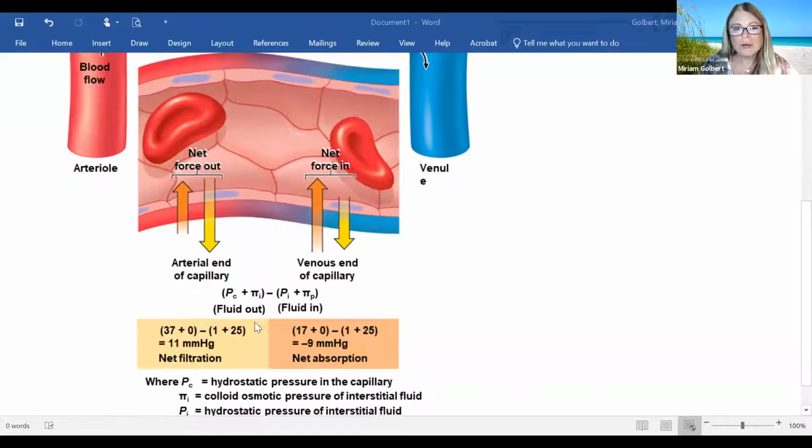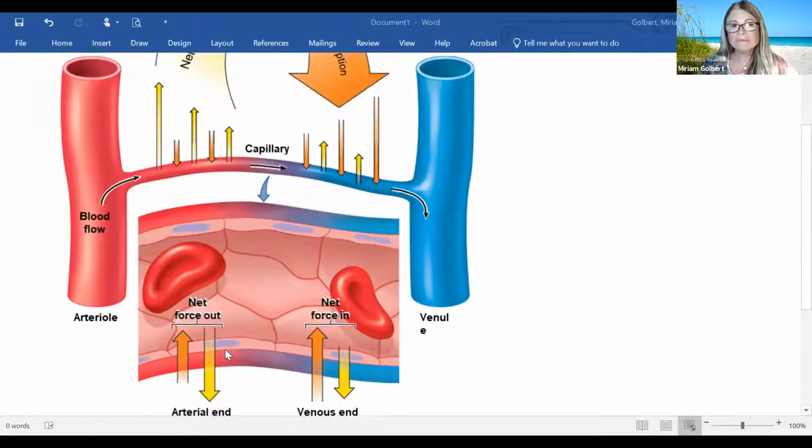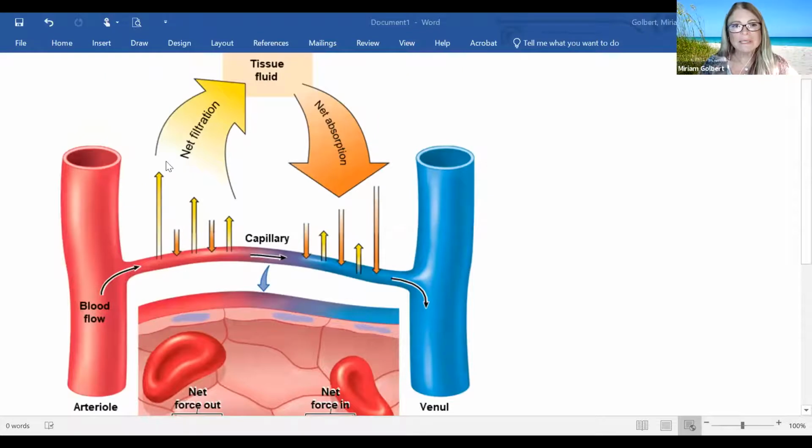So when we do our calculation here, 37 plus 0 minus 1 plus 25, we end up with an 11 millimeters of mercury as a net filtration. So it's a positive number, and that's why we have here this net filtration, right? So it's a big yellow arrow telling you, yes, everything is going to go to our tissues.